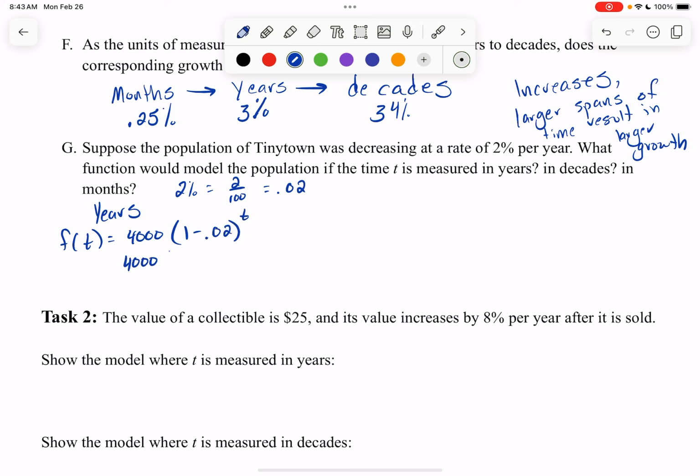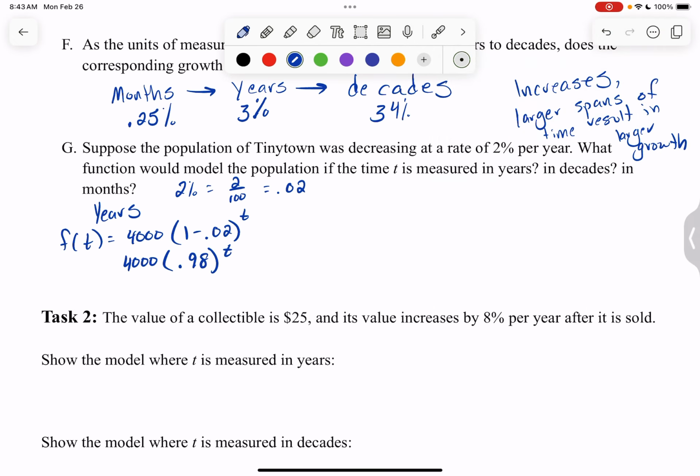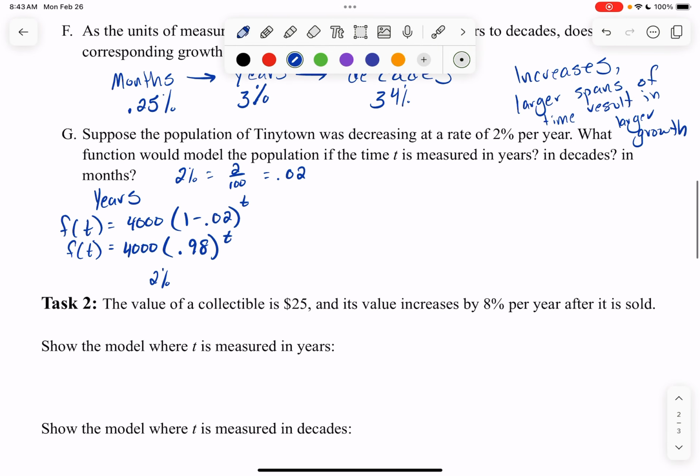So we have 4,000 times 1 minus 0.02, which is 0.98 to the t. So our growth rate there was 2%, and there's our function.